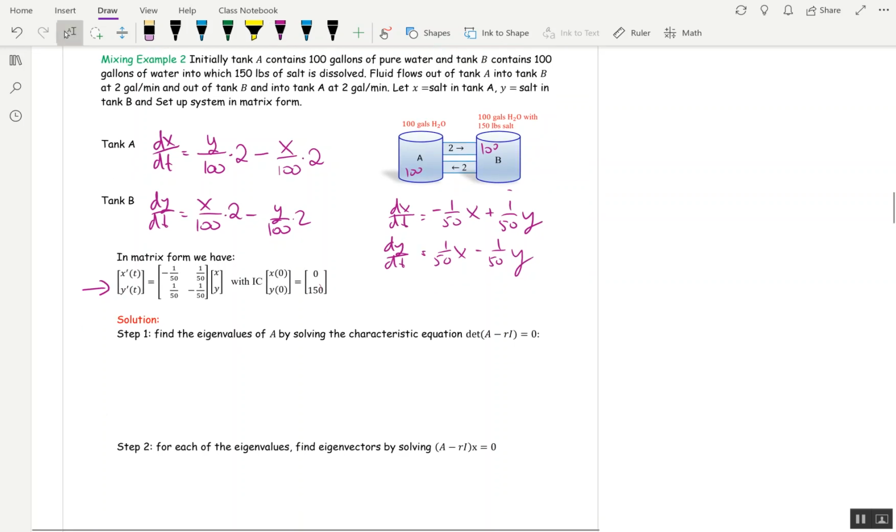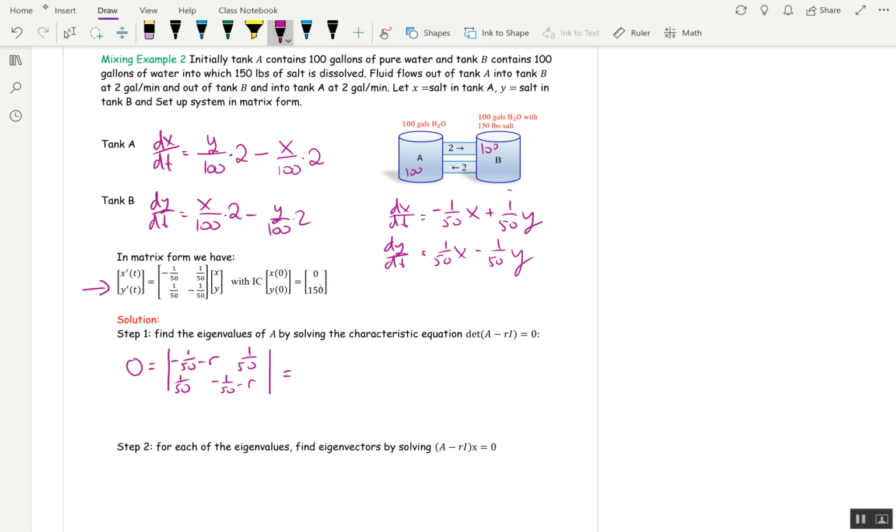First, we're going to find the eigenvalues. So we want to solve 0 equals the determinant of A minus rI. So negative 1/50 minus r, 1/50, 1/50, negative 1/50 minus r.